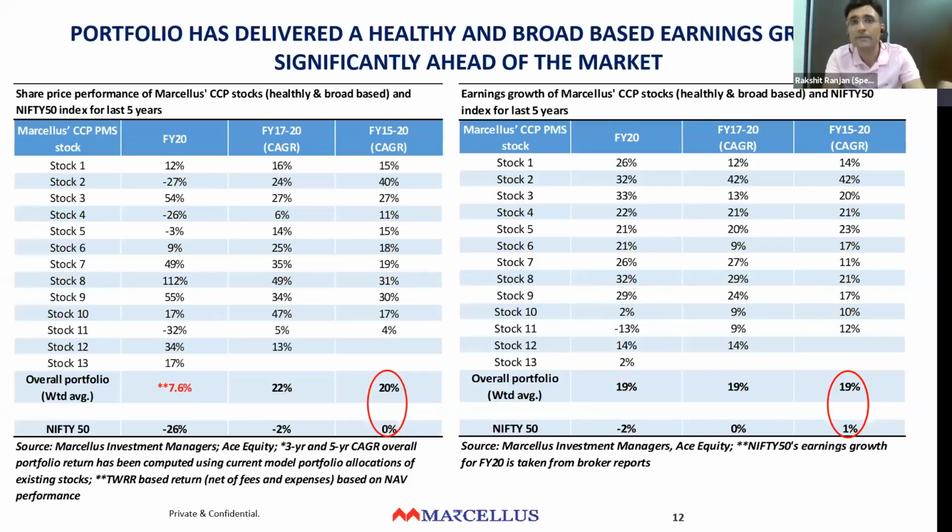What has happened between FY 20 and the end of FY 21, which we are now approaching, right? If you look at the next 3 years, so let's say you are looking at FY 20 to 25 expectation that we have in our minds, right? Without COVID, if we had, let's say, 20%, let's take a number to give you an example. If without COVID we expected 20% earnings compounding, then thanks to COVID, because of the market share gains, the earnings compounding is expected to be a few notches higher than that.